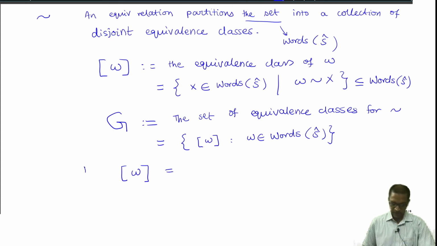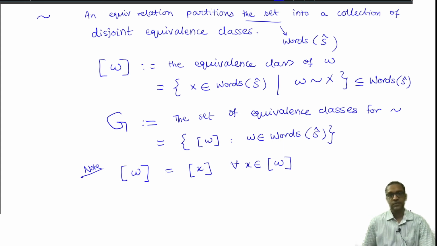Note that the following is true: if I pick another element X from the equivalence class of W, then for all X in the equivalence class of W, the equivalence class of X is just the same as the equivalence class of W. In other words, either of these two sides represents the same equivalence class, but the elements that you pick to represent it, which in this case are W and X, can very well be different. So that's something to always keep in mind when one is dealing with equivalence classes.